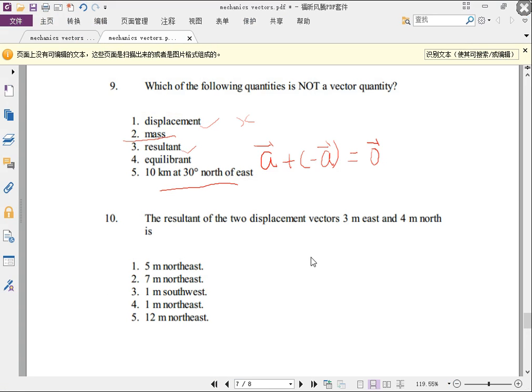Which is 3 meters east and 4 meters north. Okay, I put the starting point at the ending point of the first vector, and this way I just form a triangle here. Then from the Pythagorean theorem, this is 5, so 5 northeast.